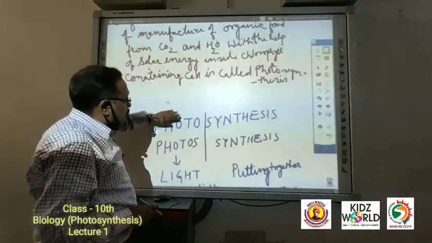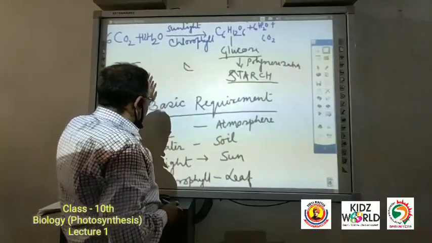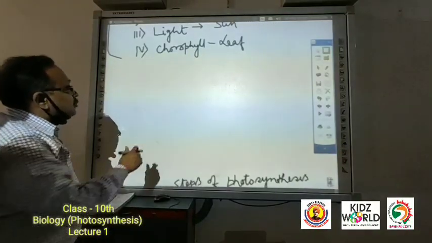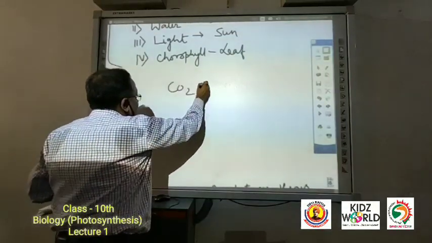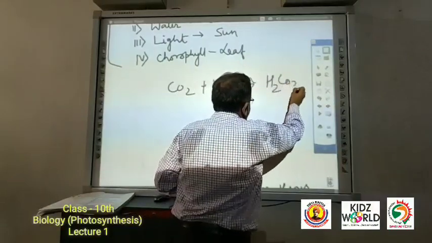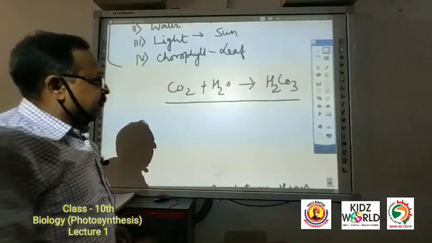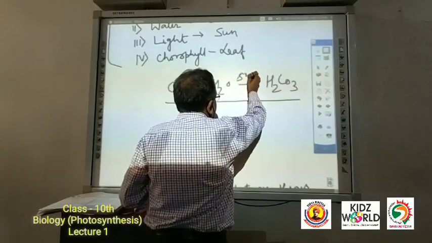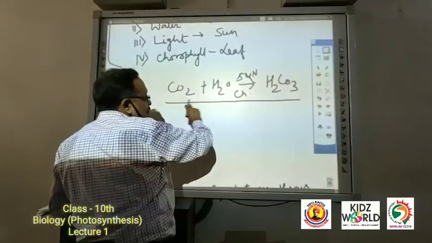Here, why are we saying carbon dioxide and water? All of you know that you have already studied this: carbon dioxide plus H2O will form carbonic acid, H2CO3, when there is no sunlight and no chlorophyll. But as we put here sunlight and here chlorophyll, then what happens?